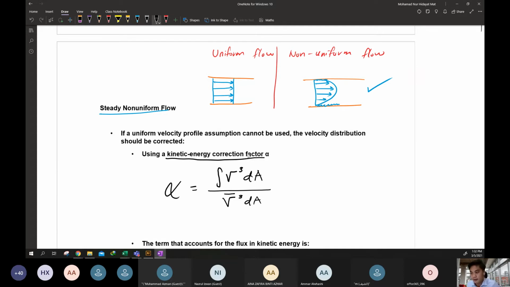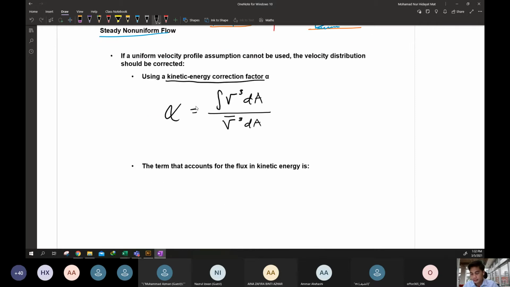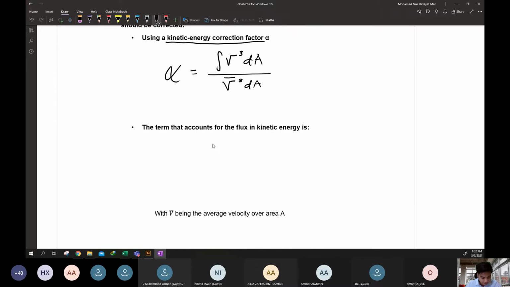That is why we call it a factor. No unit. Alright, later on I'm going to explain where the alpha is located. The term that accounts for the flux in kinetic energy is this one. This is the flux: 1 over 2 rho integral over area of V cube dA is equal to 1 over 2 alpha rho V cube A.